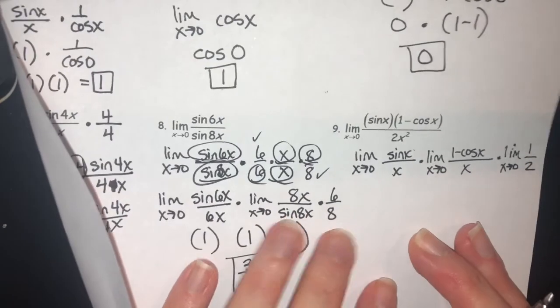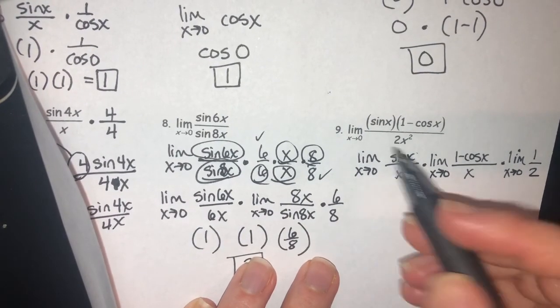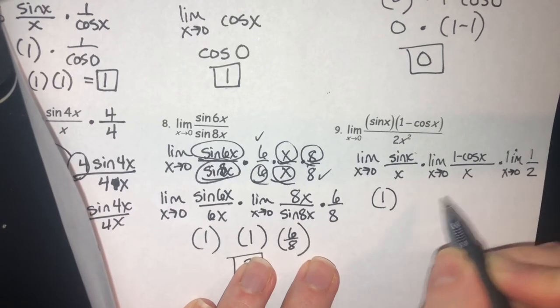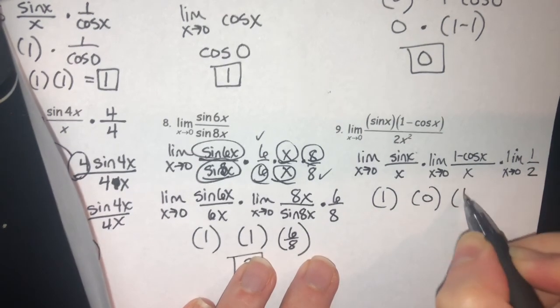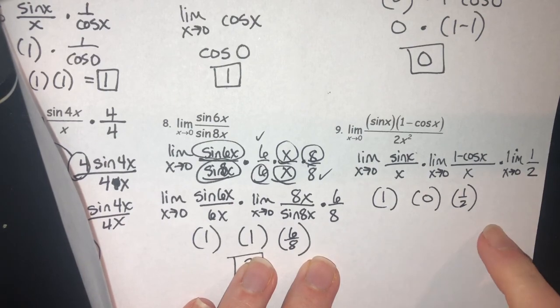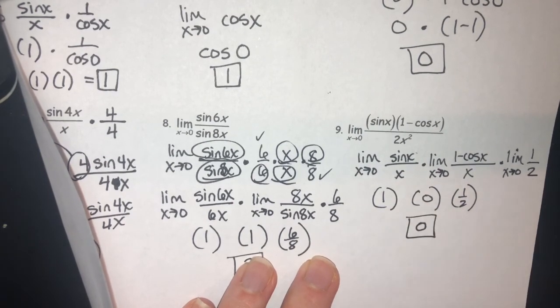Fix this up. There we go. So this first limit is 1. The middle limit is 0. Those are the memorized ones we talked about at the beginning. And the limit as x approaches 0 of a constant 1/2 is just that constant 1/2. And when I multiply these three values together, that 0 causes the product to be 0, which is the answer.